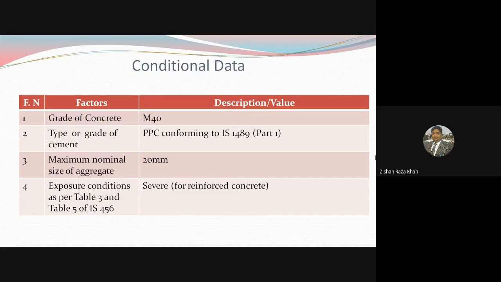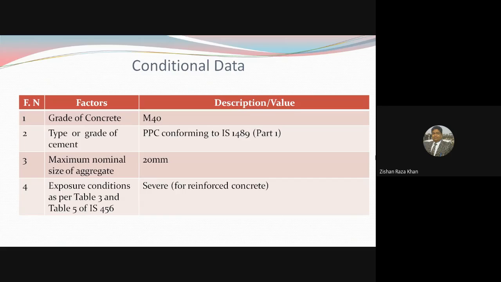Now, based on our requirement, we take up a data table which we just discussed. The grade of concrete is selected as M40, and the type of cement is PPC, conforming to IS 1489 Part 1.